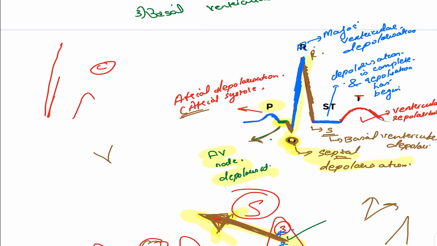Then the upward deflection due to major ventricular depolarization. Then coming down because of the basal ventricular depolarization. Then the straight line because there is complete ventricular depolarization, there is no flow of charge. Then when there is a flow of charge, it is basically repolarization, that is a negative charge being flown, meaning ventricular repolarization has taken place. So this is basically the ECG.